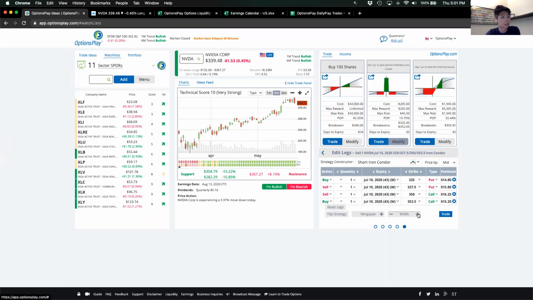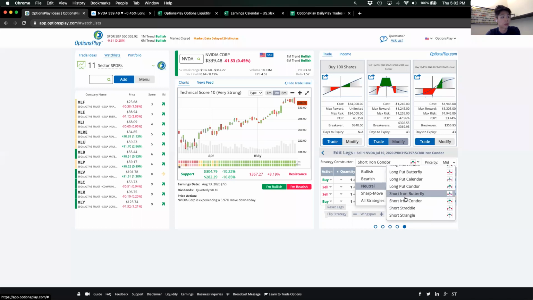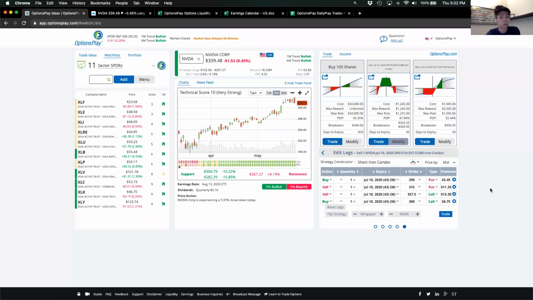We built this specifically to allow you to quickly change the wingspans, moving the strikes up one, down one by the click of a mouse. So you have a lot of functionality here to trade Iron Condors if that's the type of strategy that you want. We actually have a lot of strategies under our strategy constructor. You can construct them by the click of a mouse using OptionsPlay.